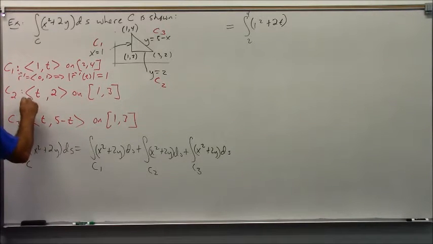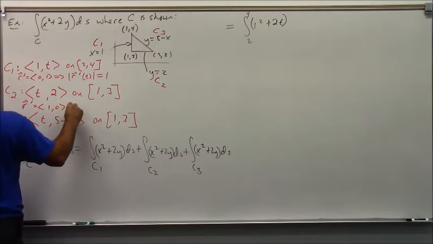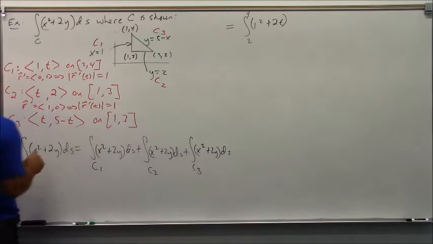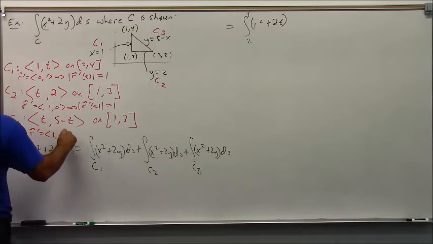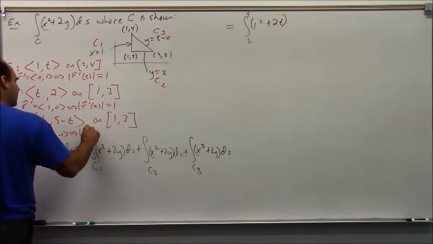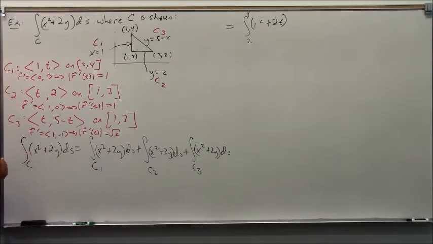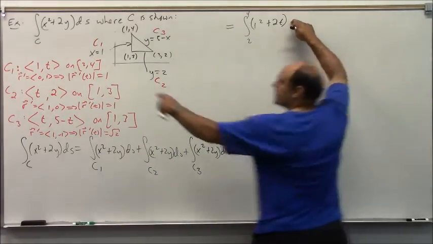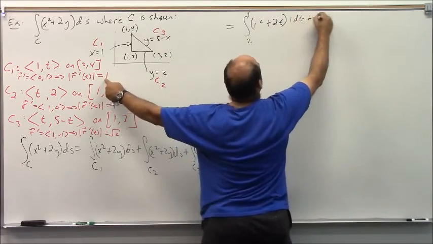On C2, r prime is 1, 0, so the magnitude of r prime is 1 again. And on C3, r prime is 1, -1, so the magnitude of r prime is the square root of 2.